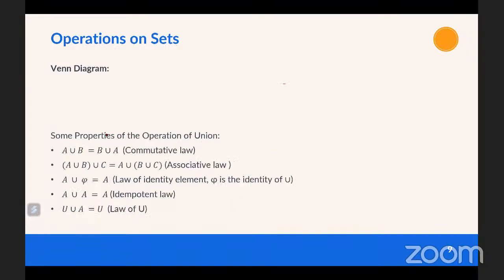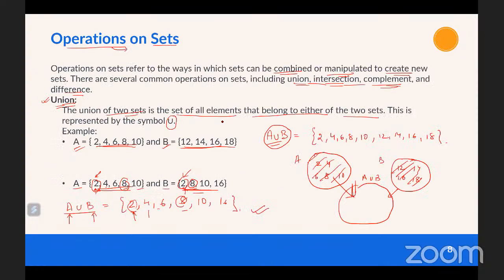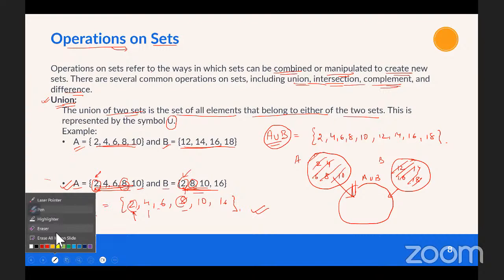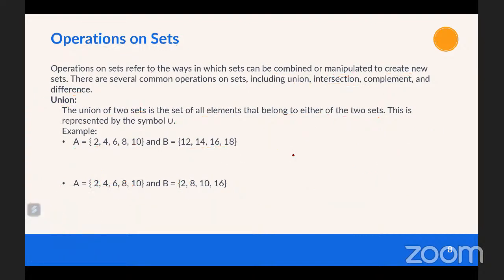We'll see one more example here. So again, you have to see how this Venn diagram is created for the union operation. So if we see this example where A has these elements and B has these elements, we can draw the sets using a Venn diagram. So A is this, which will contain 2, 8, 4, 6, and 10, right? 6 elements, right?